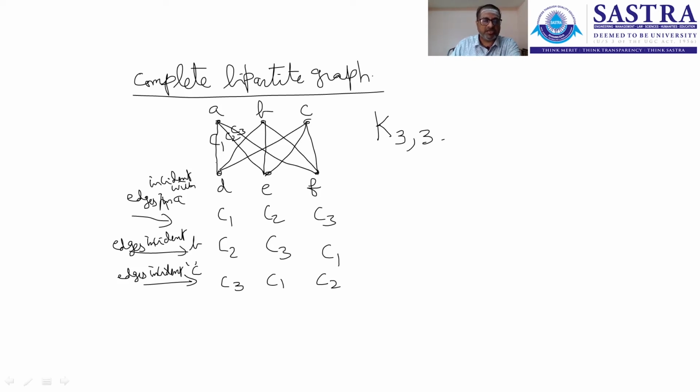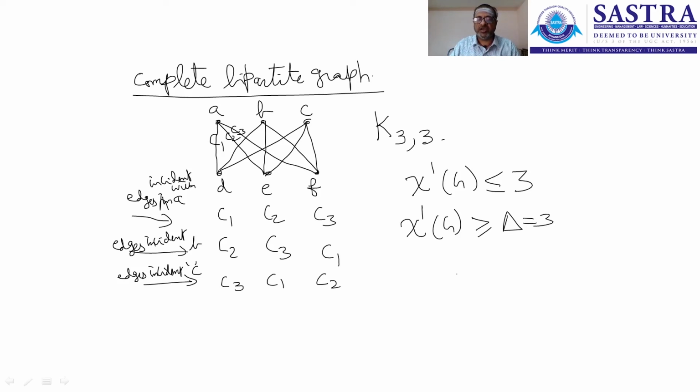D is incident with 3 edges, colored C1, C2, C3 accordingly. Here C2, C3, C1. Here C3, C1, C2. So chi dash of G is less than or equal to 3, and by Vizing's theorem, chi dash of G is greater than or equal to delta. Here the maximum degree delta is 3, so this is greater than or equal to 3. From that you can conclude that chi dash of G is equal to 3.